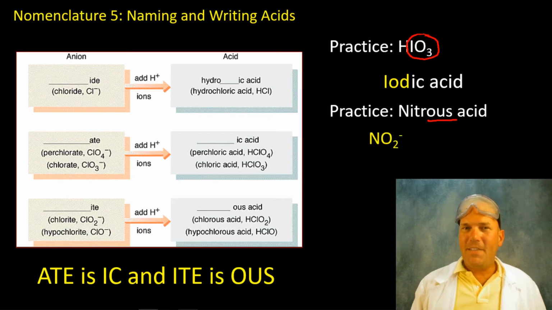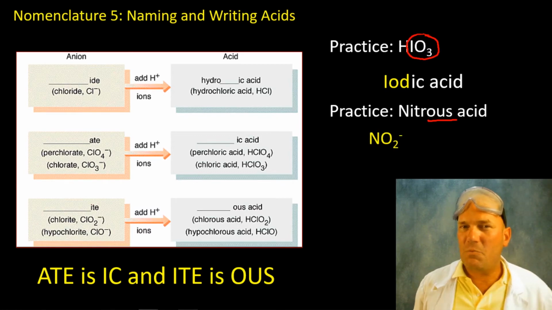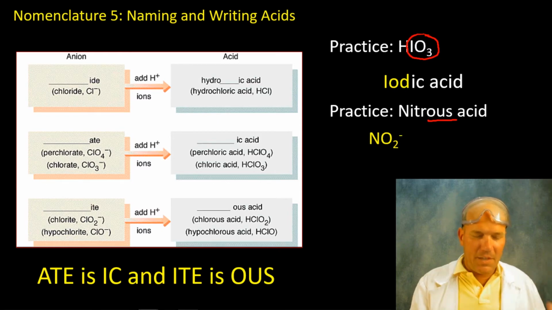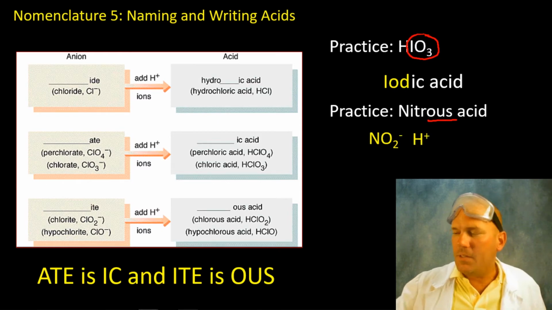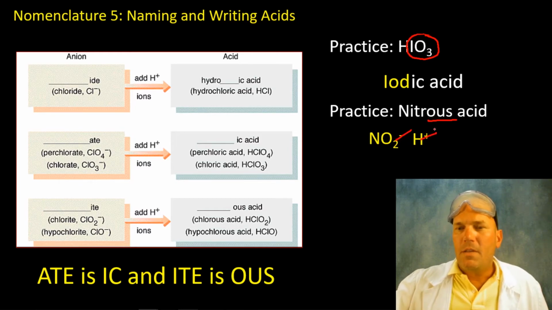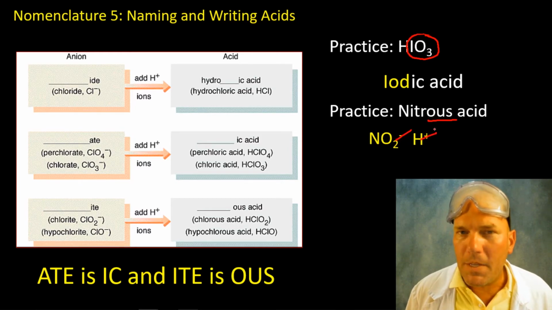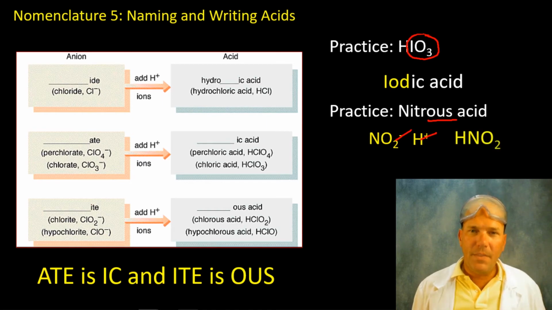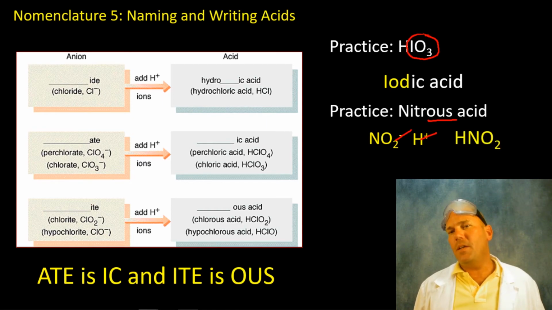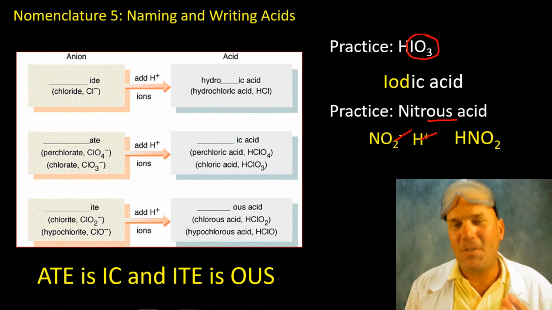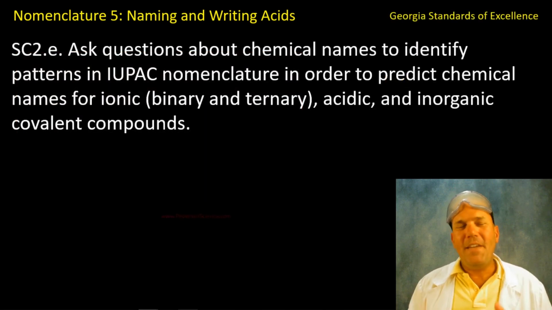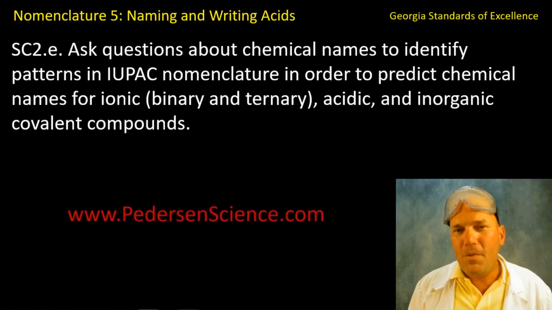And nitrite is NO2 minus 1. How many protons would it take to balance? 1. So this is a monoprotic acid. And this is the correct formula for nitrous acid, HNO2.